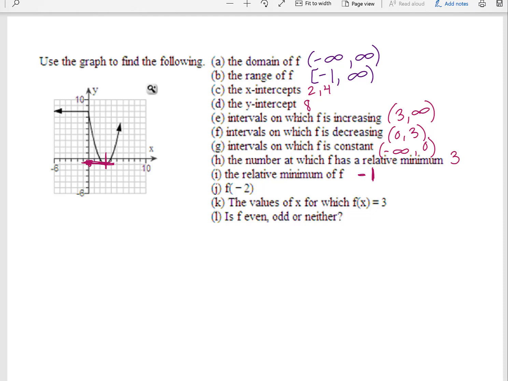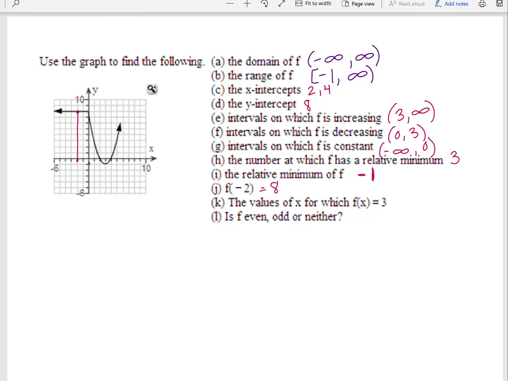Then it asks us, okay, what would f of -2 be? So remember that in those parentheses, that's my x, right? So when x is -2, what is my output? What is my y? When x is -2, what is my y? 8. The values of x for which f of x equals 3. So they're saying, okay, what does x have to be when my output is 3?